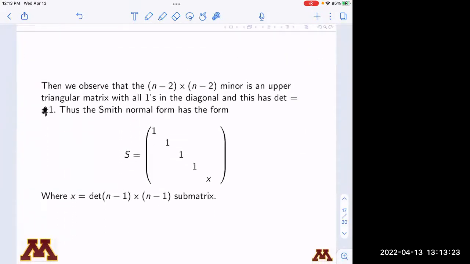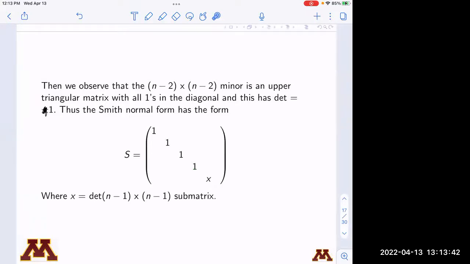All right, so for our particular matrix, observe that we have an n-2 by n-2 minor. It's an upper triangular matrix with ones on the diagonal, and that has determinant 1.